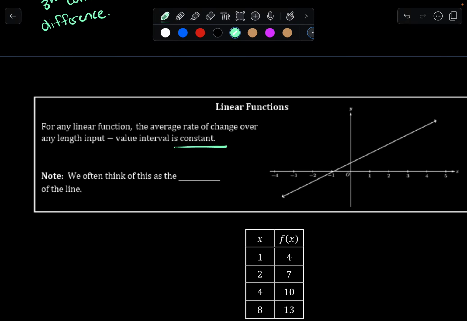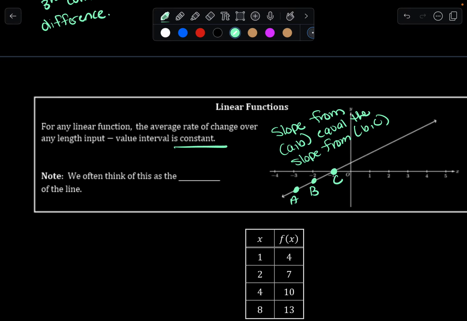So basically the slope from A to B equals the slope from B to C. So if I was to plot this, we could say this is A to B and then B to C. And notice that it says any length input value interval, but when we talk about these in the context of this course, these intervals will need to be equal in order for you to observe whether the slope is constant or it's creating a quadratic function.